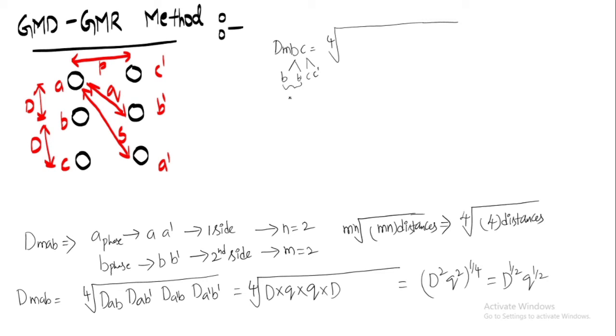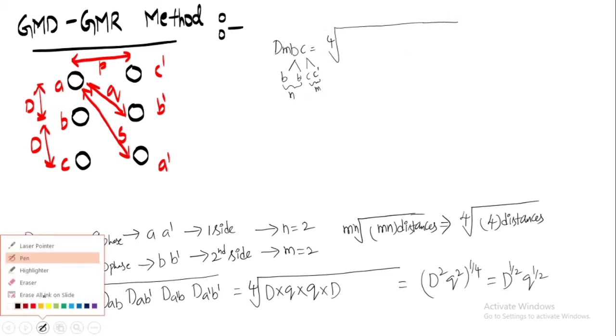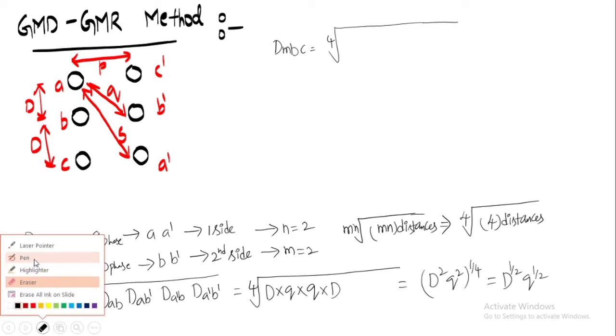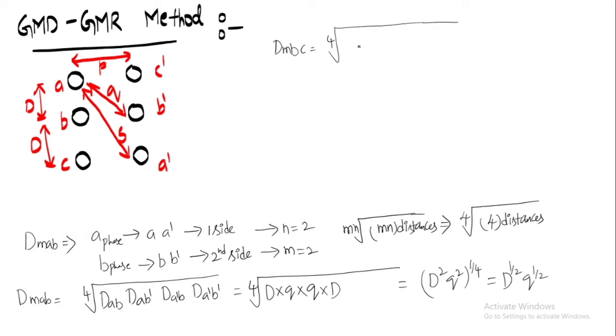So now this value is N and this value is M. Now mnth root means 4. Fourth root now 4 distances. Right? What are the 4 distances? Please do this. D, B to C, D, B to C dash.